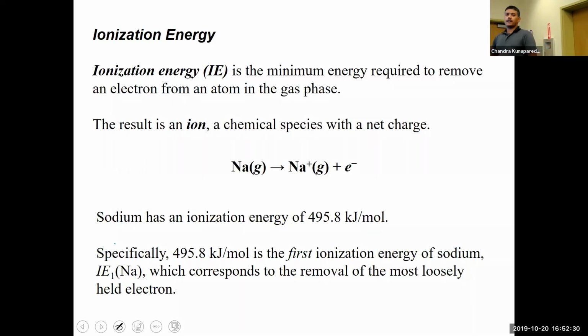Again, for ionization energy, you can find the trends in the periodic table. You need to remind yourself about the Z effective trends in a periodic table. Z effective is increasing from left to right and increasing from top to bottom.